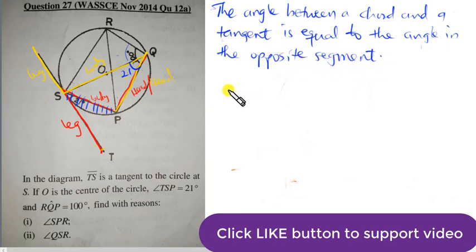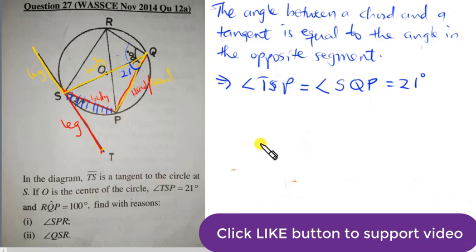All right, so this implies that the angle TSP that we know here is equal to the angle found here, angle SQP. All right, so the whole of it is 21 degrees here. Okay, angle TSP equals angle SQP, that is 21 degrees there.